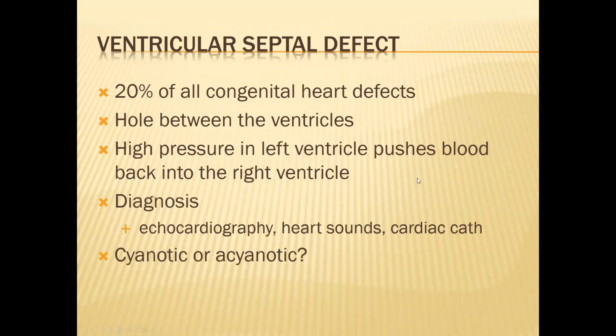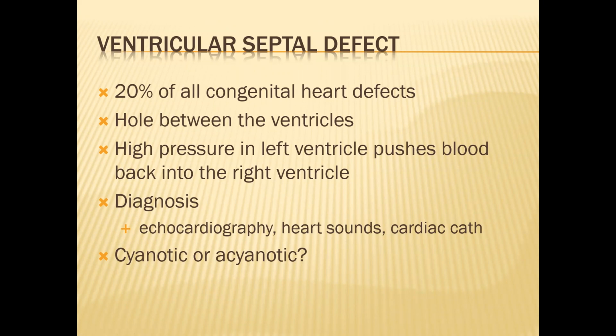The next defect is a hole between the ventricles. It's called a ventricular septal defect, and you usually hear VSD as what it's referred to. It's 20% of all congenital heart defects, so you come across this often. You have higher pressure in the left ventricle compared to the right ventricle.